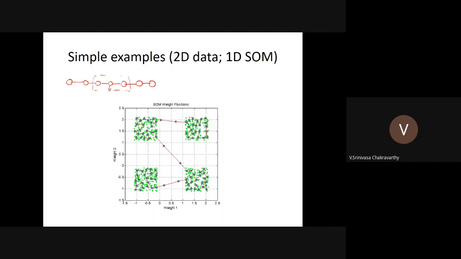So most of the neurons are concentrated in the places where there is data, and out there in the middle of nowhere, where there is no data, you don't have many neurons, right? There are not many cluster centers out there where there is no data, which is good, which is what we want to have.